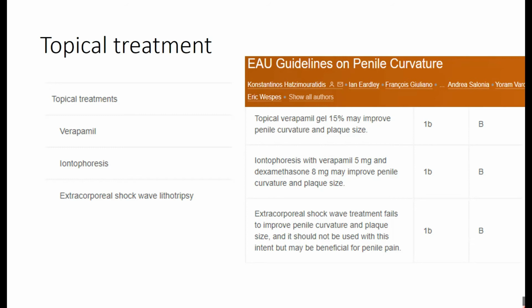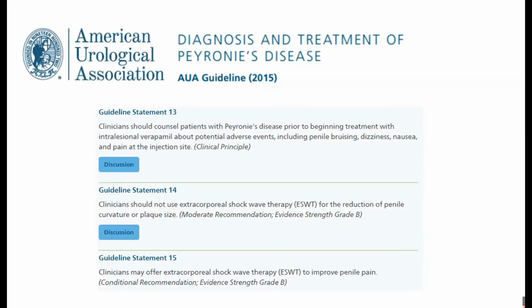The use of iontophoresis with verapamil 5 mg and dexamethasone 8 mg may improve penile curvature and plaque size. But the use of ESWL shock wave treatment failed to improve penile curvature and plaque size, and it should not be used with this intent, but may be beneficial for penile pain. The American Urological Association also agrees with this.